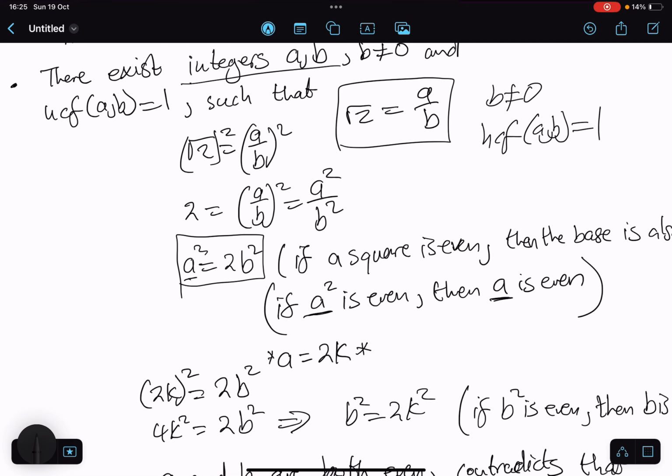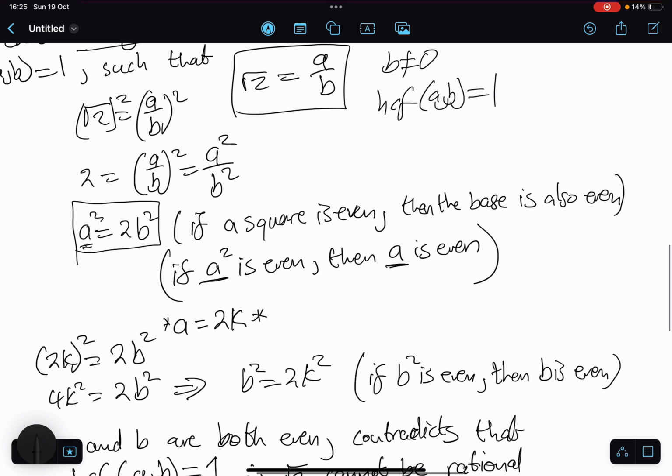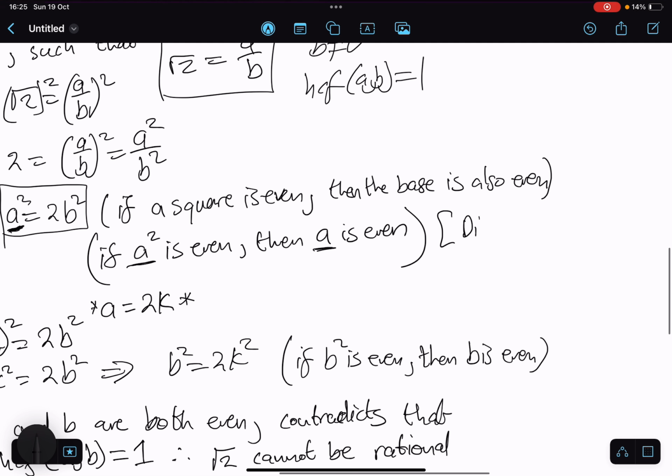Once we did, we can see that if a squared is even, then its base is also even, which is something that you can prove using direct proof.